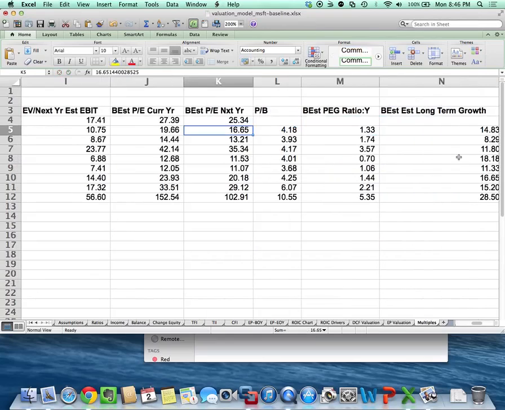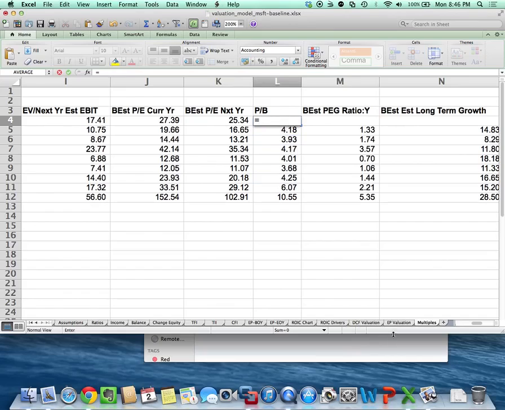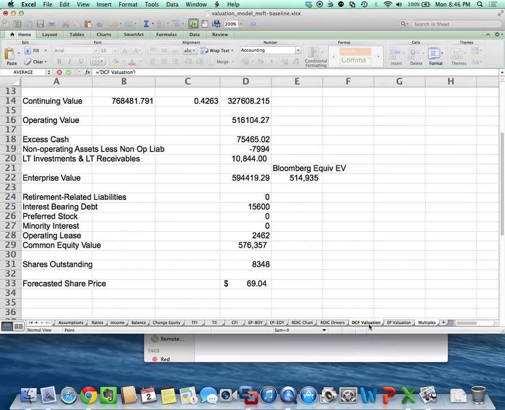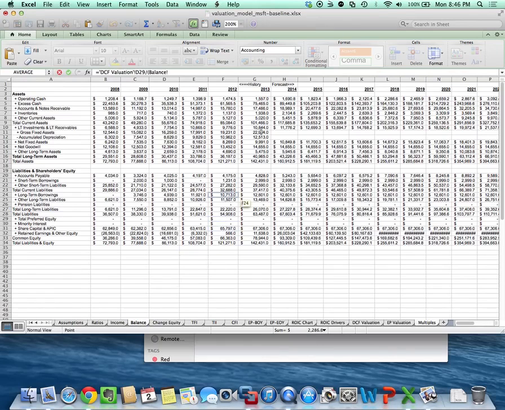All right. Price to book ratio equals price, which would be from the DCF valuation, the common equity value, divided by book equity from the balance sheet. I believe price to book is calculated based on current book value in Bloomberg.